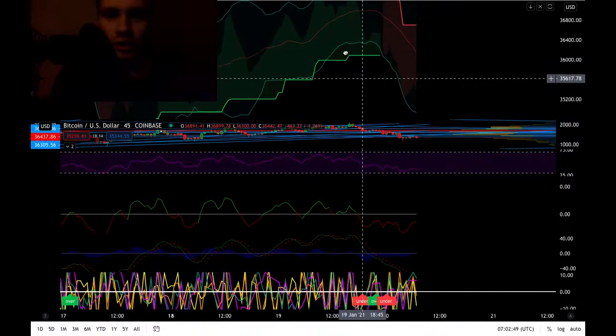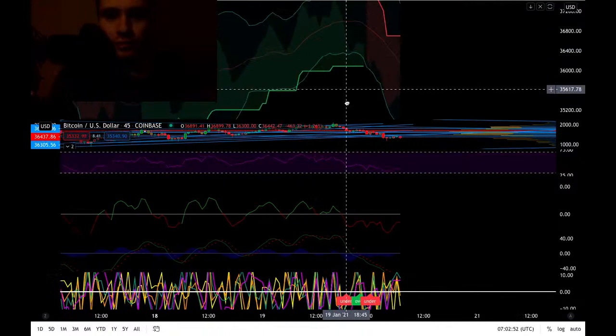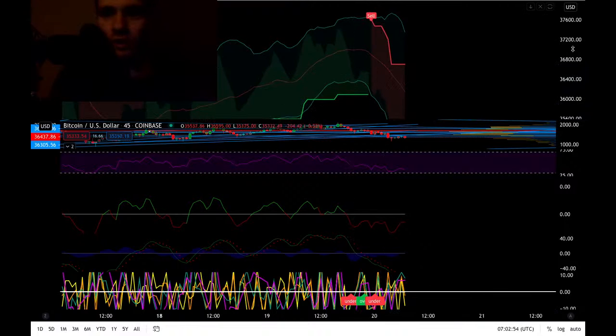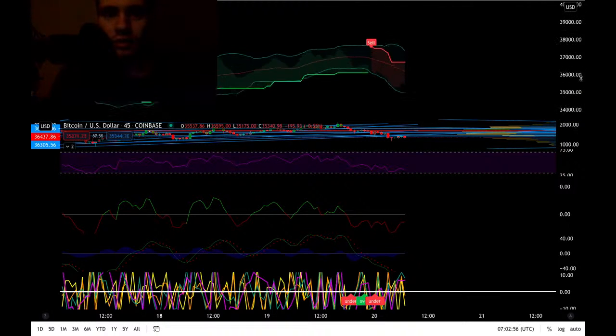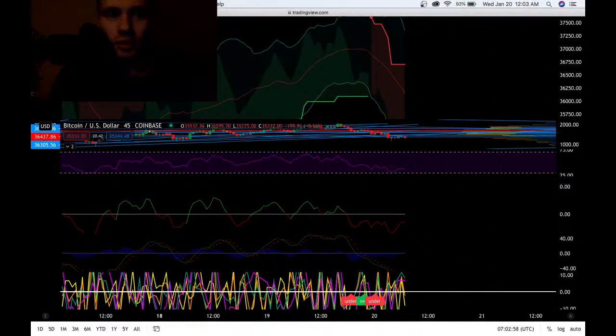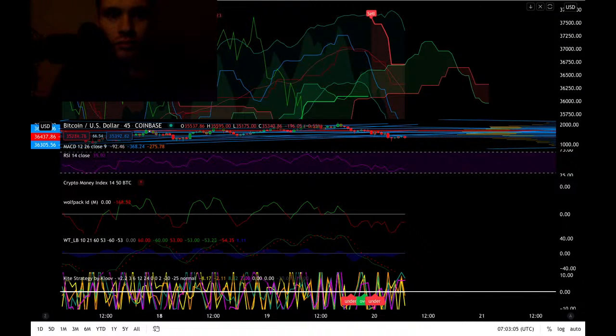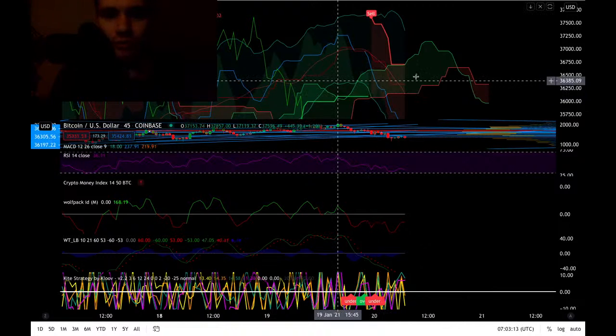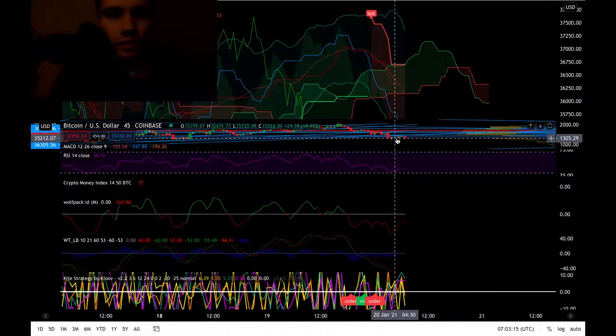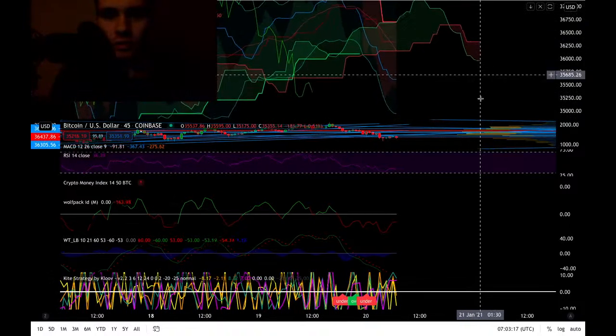What the heck? What happened there? Did the computer get overloaded? I'm running so many different... It looks like the price disappeared. It's showing it. Oh, there it is. What the heck?